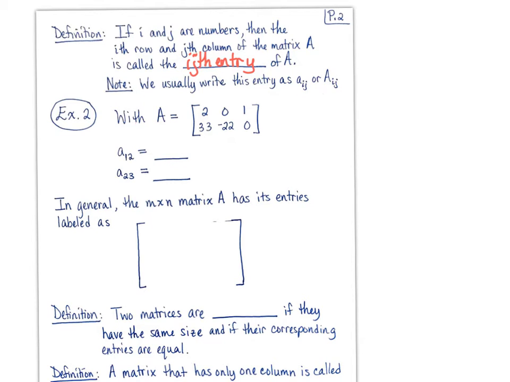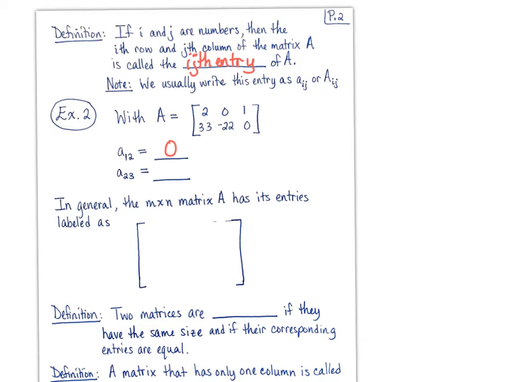With this matrix A, what is the A 1,2 entry? What does the subscript 1,2 mean?